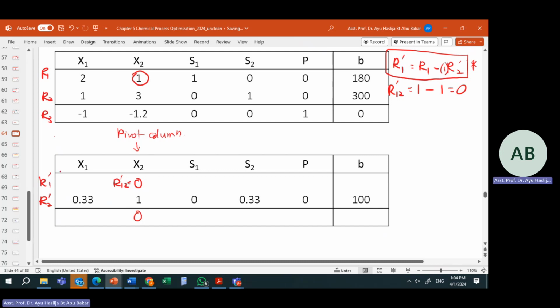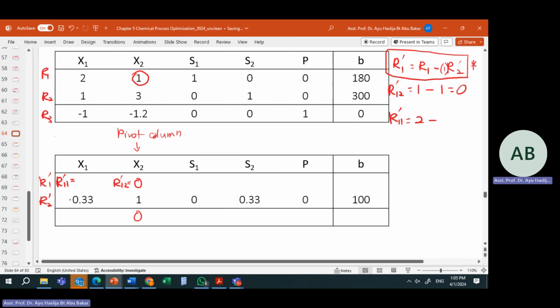Now to find R prime 1,1, row 1, column 1, we use the equation factor over here, which is R1,1 minus R prime 2,1.